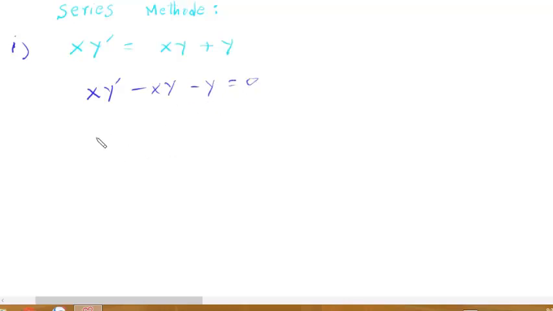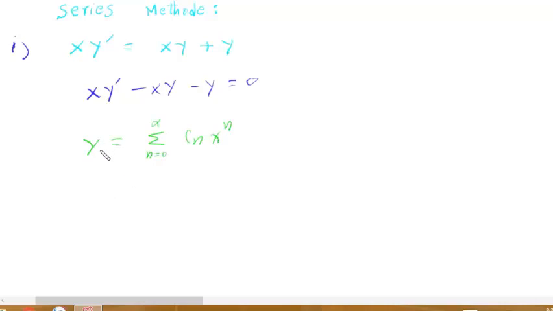Then we take the solution for this differential equation, as we have already discussed: y = summation n = 0 to infinity c_n x^n.